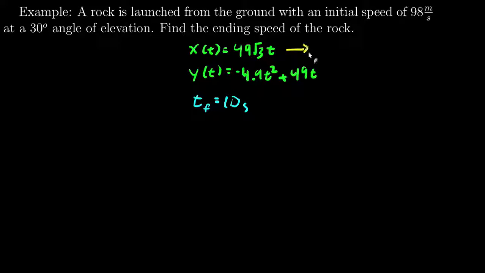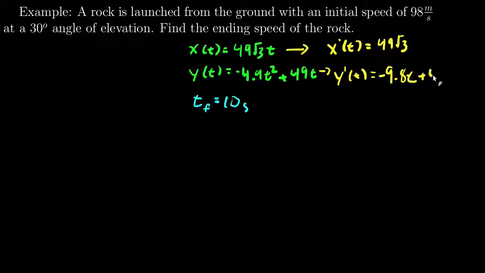And in here, I need the velocity. So velocities are the derivatives of the location. X prime of t, which is the x velocity, will be just 49 root 3. Y prime of t, the derivative of this, will be negative 9.8 t plus 49.